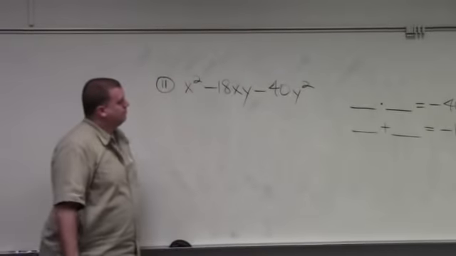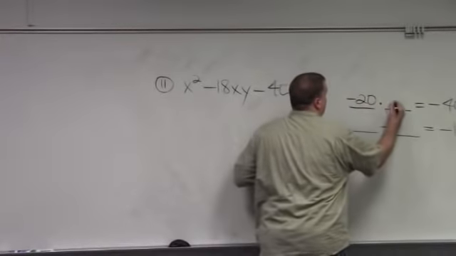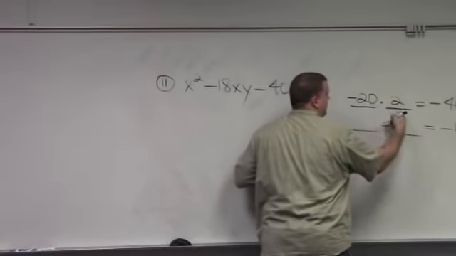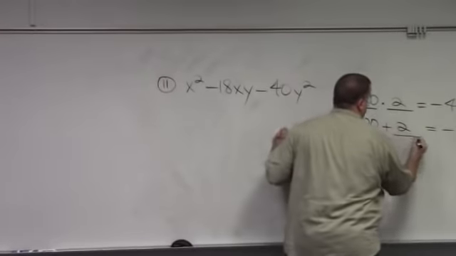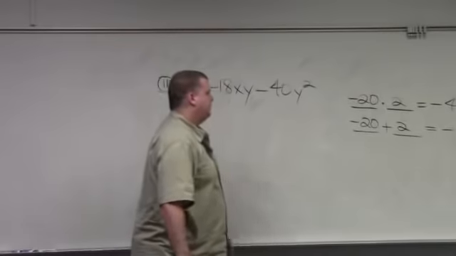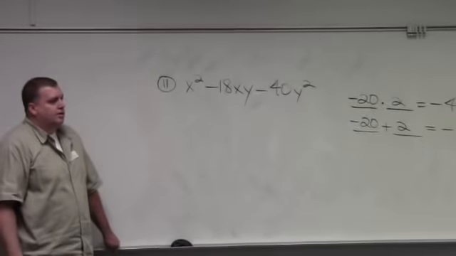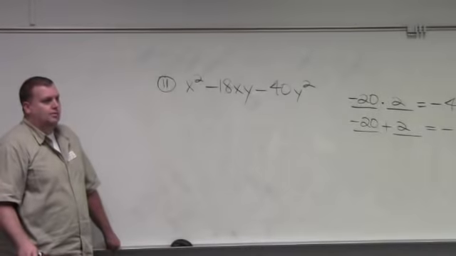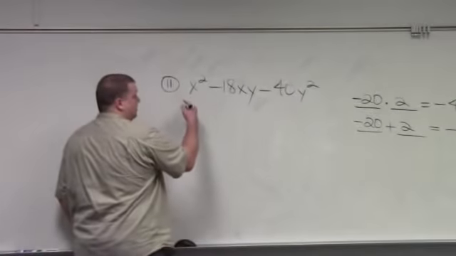Negative 20 times 2 gives me negative 40, and negative 20 plus 2 adds up to negative 18. So those are our two numbers. This is the simple factor. We don't have to split it up like we did the other one, because our leading coefficient was 1.